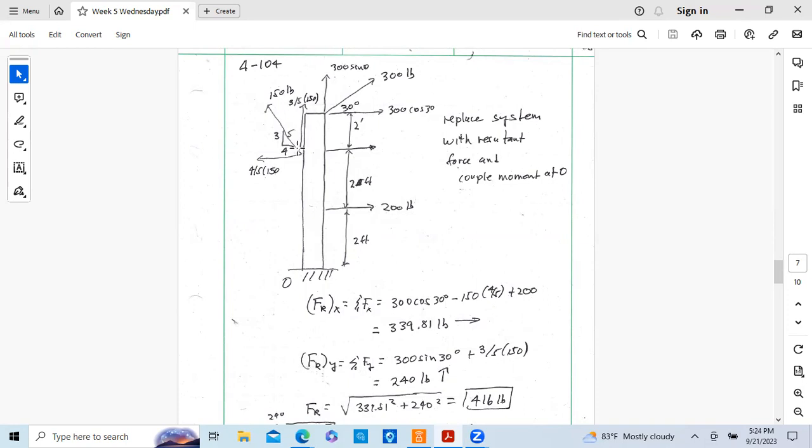And that's positive Y, negative X, positive Y, positive X. And then all we do is sum forces in the X direction. So we add the X components, 300 cosine 30 plus 200 minus 4/5 of 150, which we get right here. And that resultant is 339.81 pounds, directed to the right.